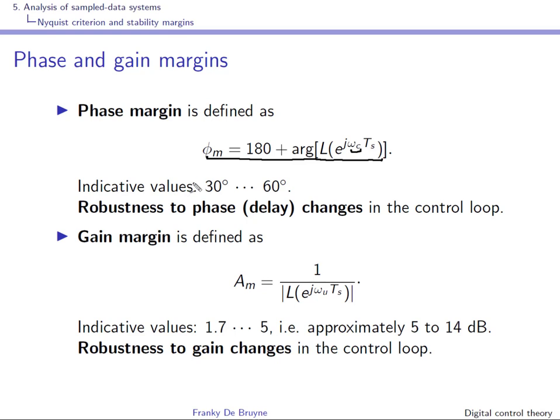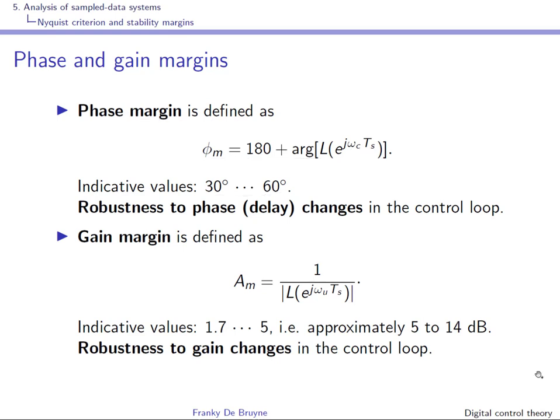Indicative values for the phase margin are roughly in the interval 30 degrees to 60 degrees. The phase margin gives you the robustness to phase changes or delay changes in the control loop. So it tells you how much additional delay you can afford in your control loop before you go to instability.